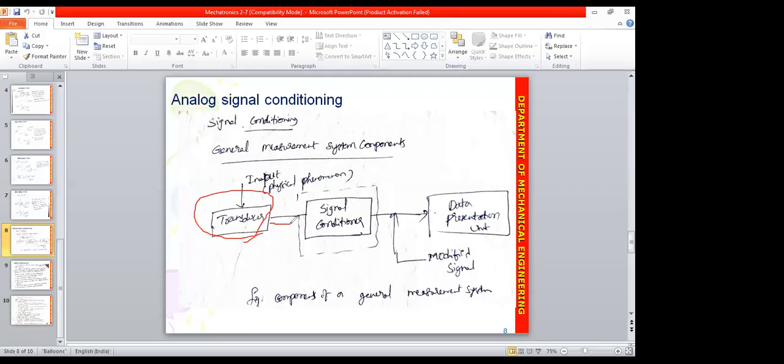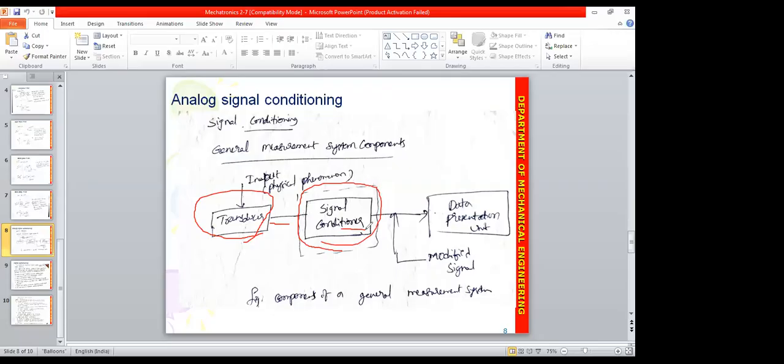So that's why we are sending to the signal conditioner. Signal conditioning. Here, the output signal from the transducer is conditioned through a signal conditioner, that is by using some components, maybe amplifiers or filters, or maybe resistors and capacitors.